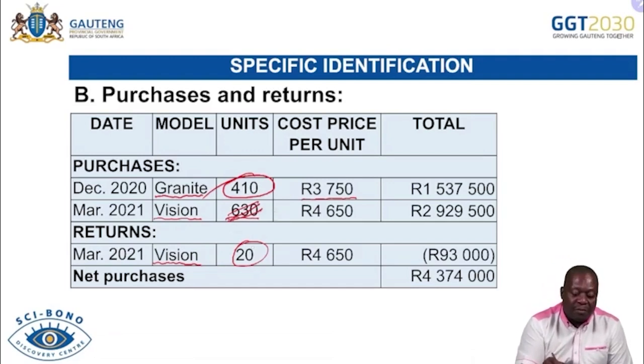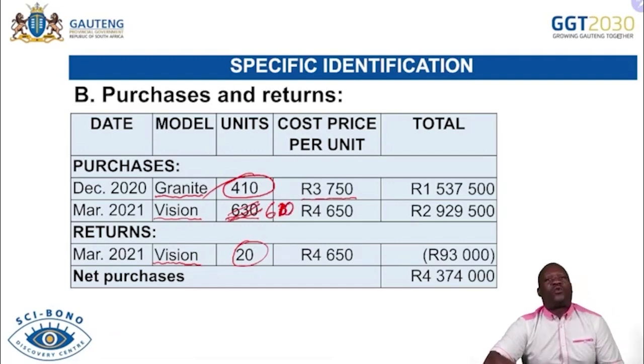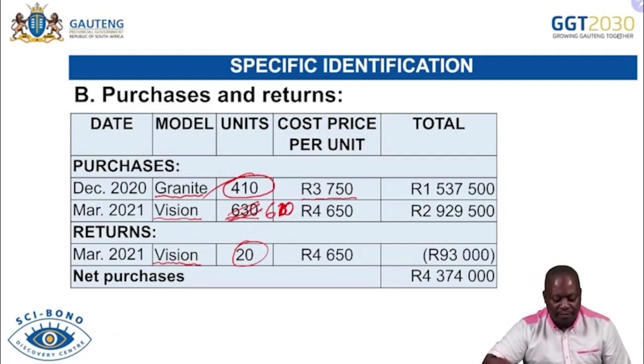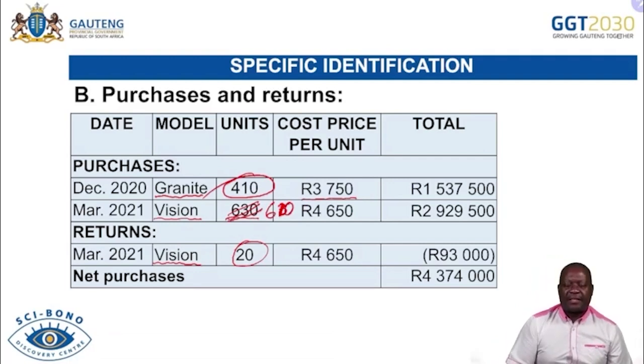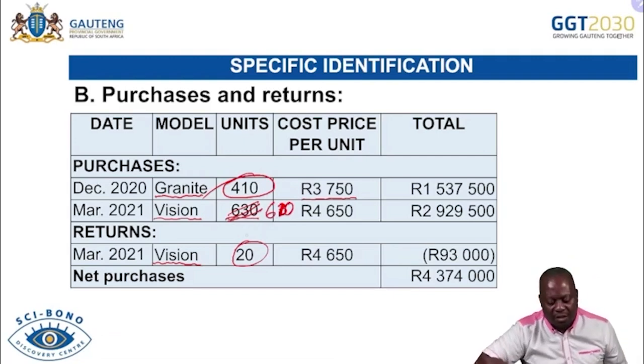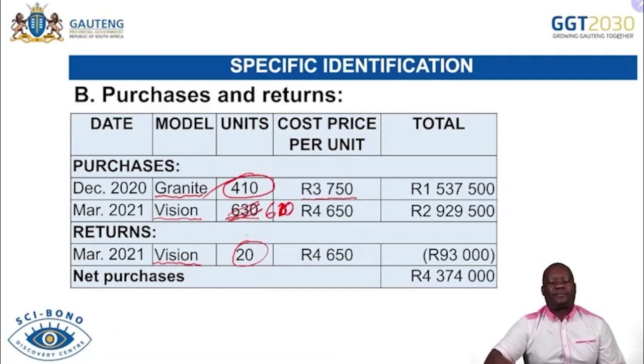It means of this batch, we are only left with 610 units. Please pardon me on that. 610 units are left because we are subtracting 20 from this 630.